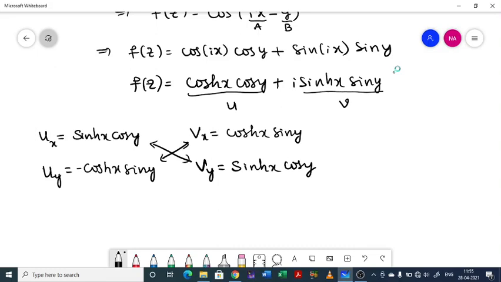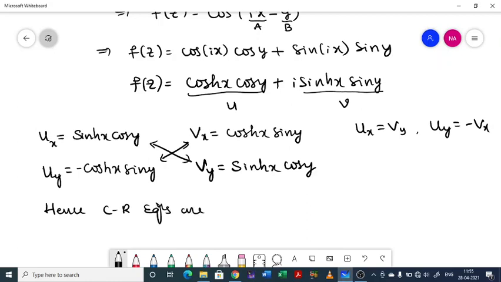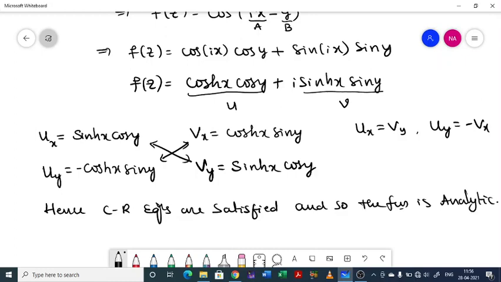So we got ux equal to vy and uy equal to minus vx. Hence CR equations satisfied, and so the function is analytic.